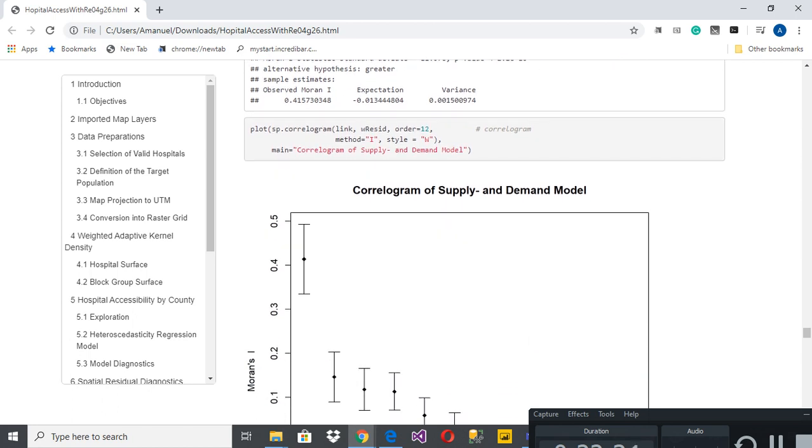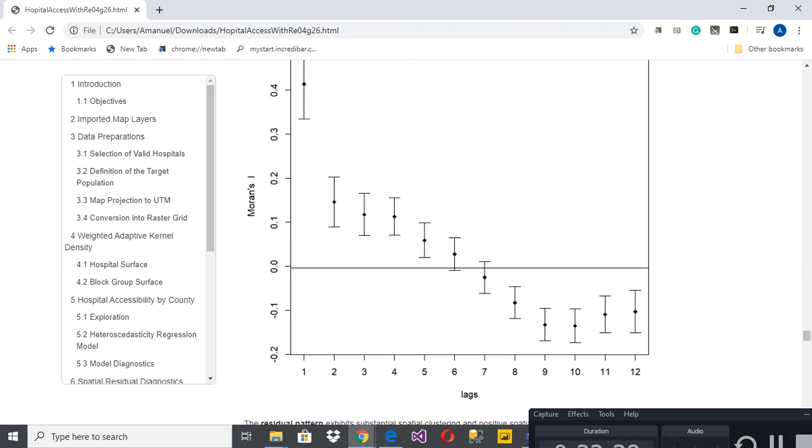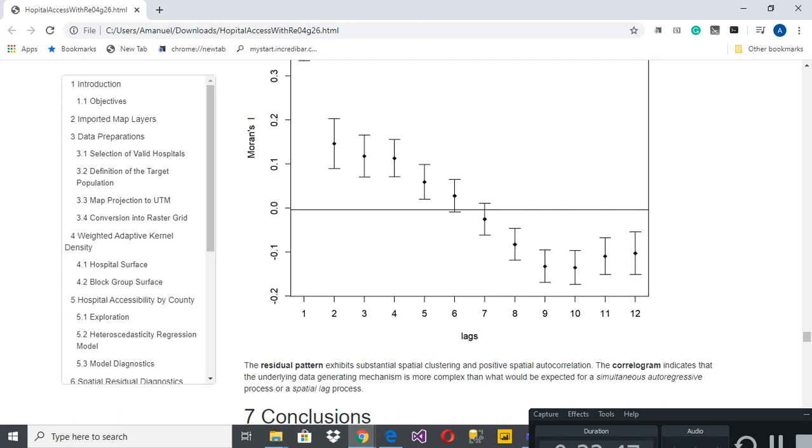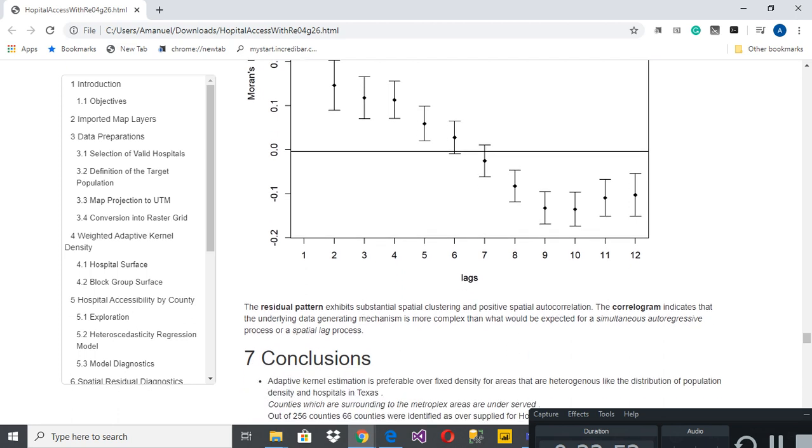And from the correlogram of supply and demand, we can see that it's highly variable, so you can say that there is a spatial autocorrelation.